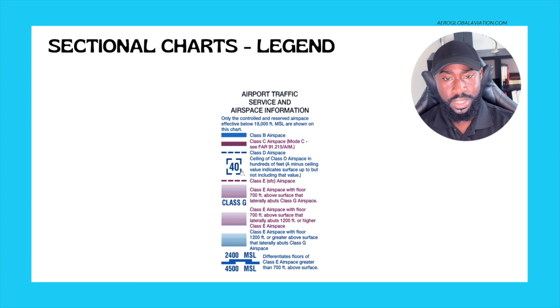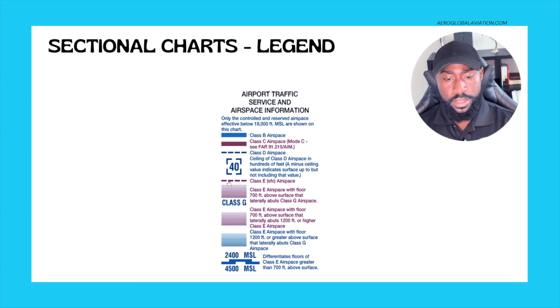It tells you the ceiling of a class Delta airspace. Sometimes it comes with a minus, and that minus tells you it's up to but not including whatever number you have here. So if you have a -40 here, it's telling you the ceiling of the class Delta goes up to 3,999, not actually 4,000 feet.